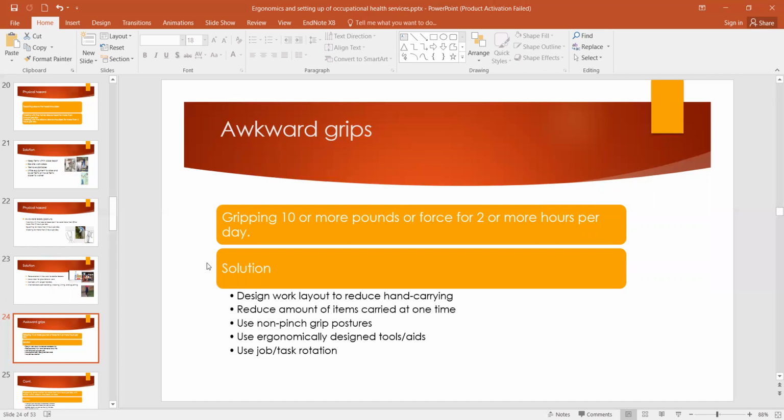The solution is to design work layout to reduce hand carrying work, reduce the amount of items carried at one time, use non-pinch grip posture, use ergonomically designed tools and aids, use job and task rotation, and alternate your hand if there is a lot of repetitive motion.